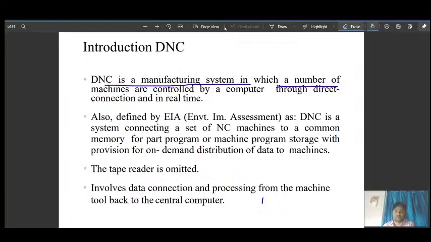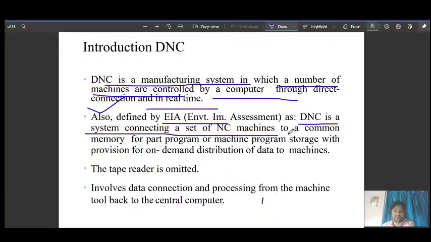So this one, in which a number of machines are controlled by a computer through direct connection and in real time. It is also defined by the Environment Impact Assessment as direct numerical control, a system connected to a set of NC machines.